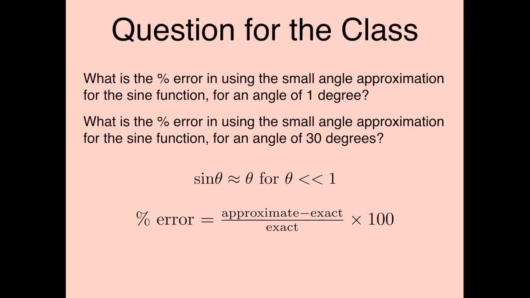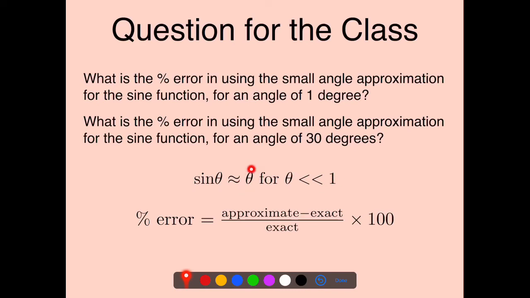So to get a little bit of a sense of this, let's do some calculations. What is the percent error in using the small angle approximation for the sine function for an angle of 1 degree? And then as a follow-up, what is the percent error in using the small angle approximation for the sine function for an angle of 30 degrees? So remember, sine theta is approximately equal to theta, as long as theta is much, much less than 1.